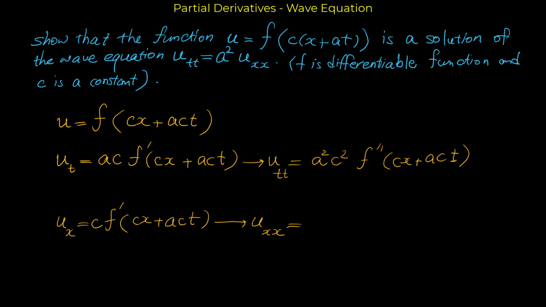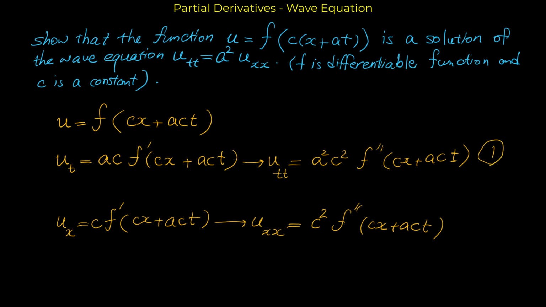For the derivative of f prime, c is a coefficient, so we keep the coefficient here. The derivative of f prime is f double prime of cx plus act, multiplied by the derivative of the inside based on the chain rule. The derivative of cx is c, and the derivative of act is 0. So the derivative of the inside is c, and if we multiply that c with the c that we already have here, it would be c squared.